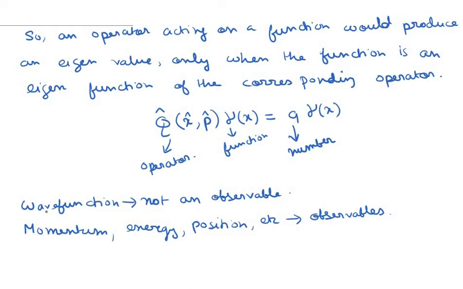Now this wave function is not an observable, and as I said it cannot be measured, and it is clear from the fact that the wave function is actually a complex number. For example, let me go to another page.